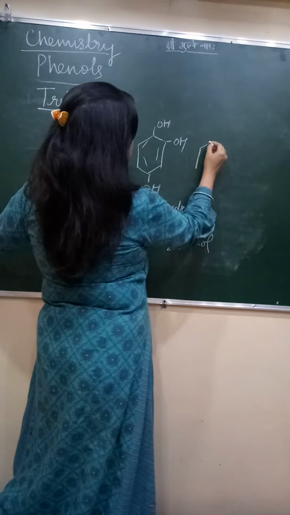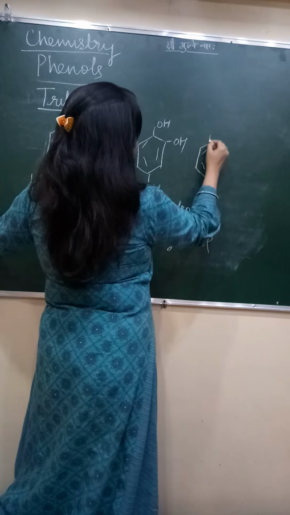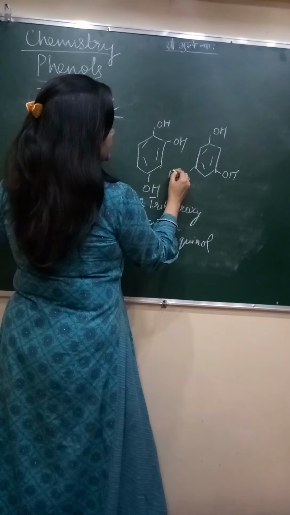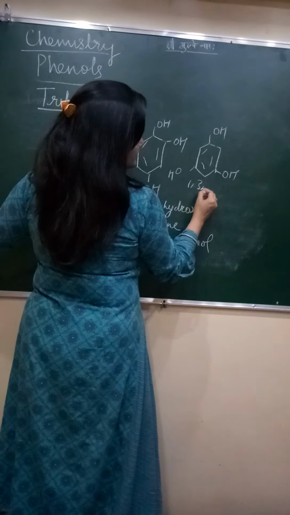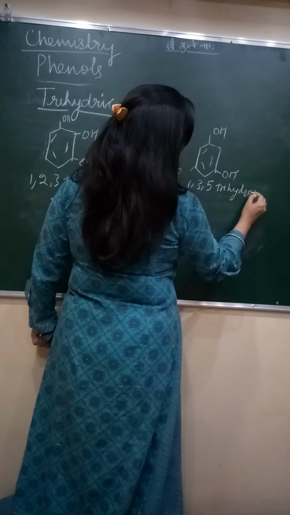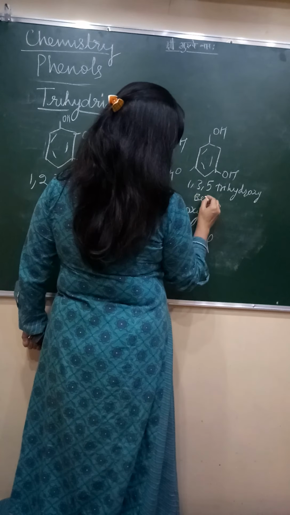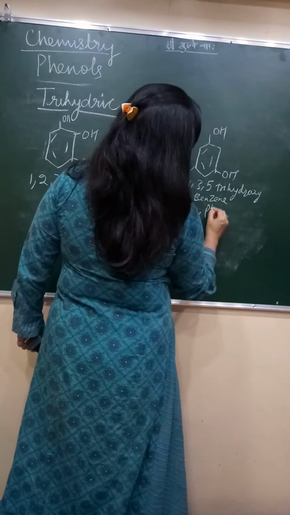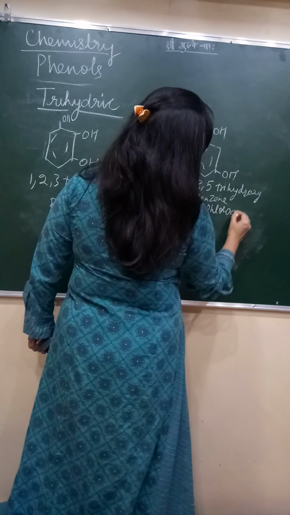And if the hydroxy groups are attached like this at the 1, 3 and 5th positions, then it is named 1,3,5-trihydroxy benzene, or the trivial name is phloroglucinol.